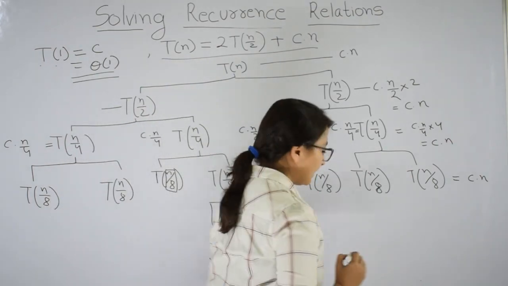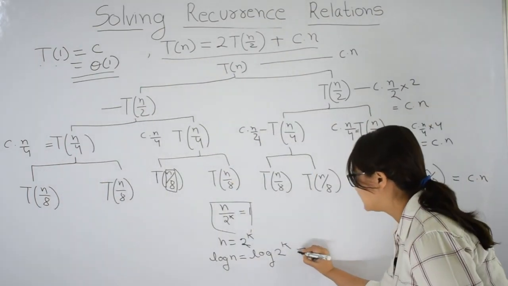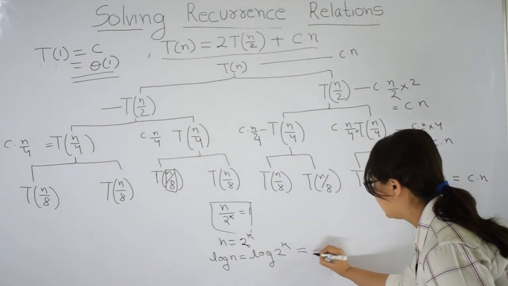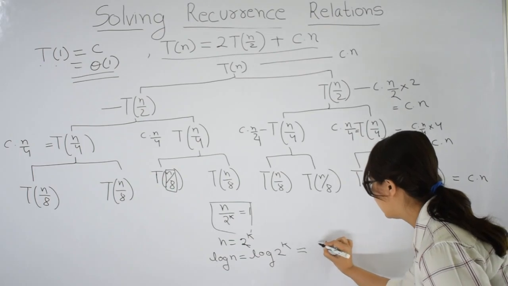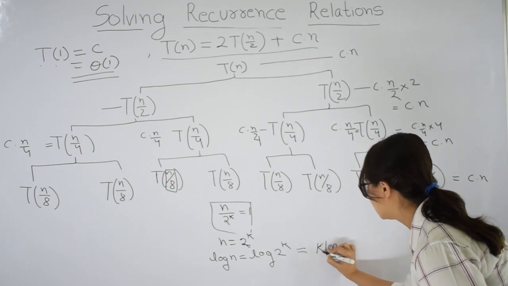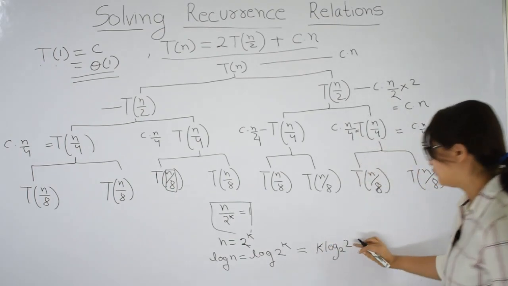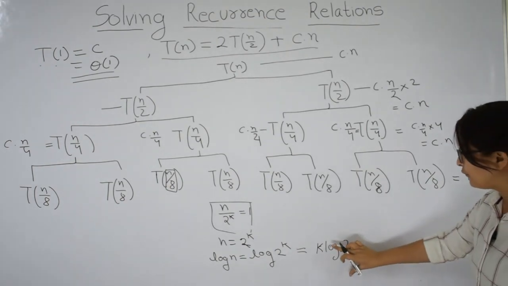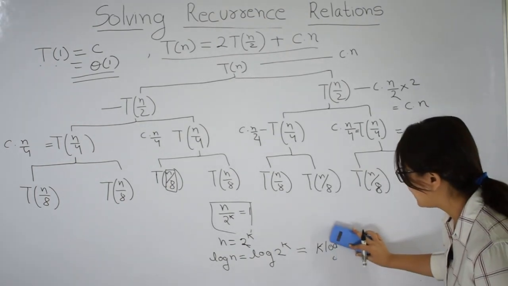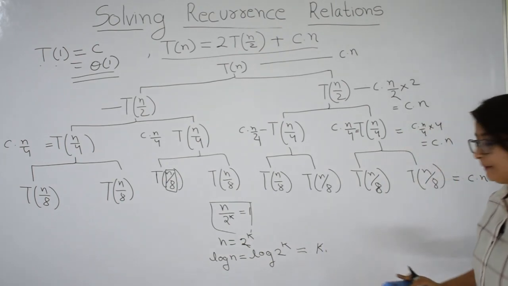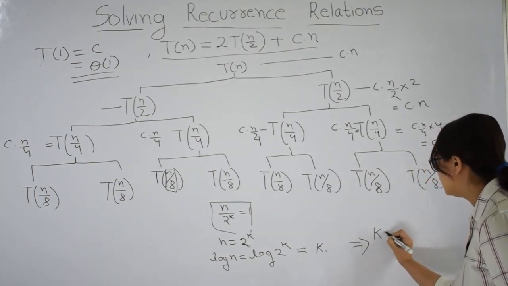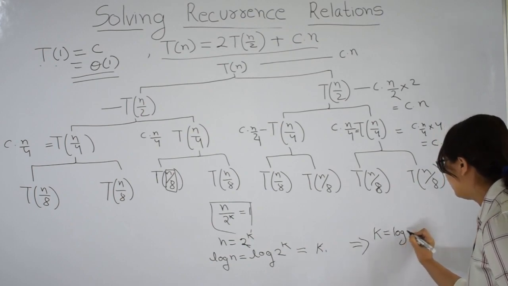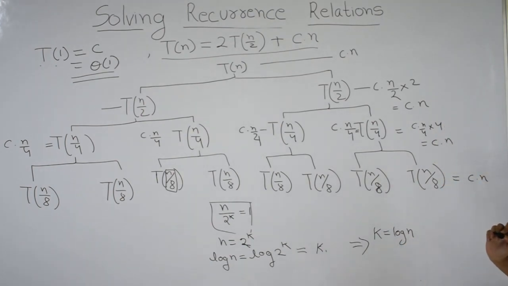Now this can be written as k into log of 2 base 2. Log of 2 base 2 is 1. Okay, so we can say that k is equal to log of n.